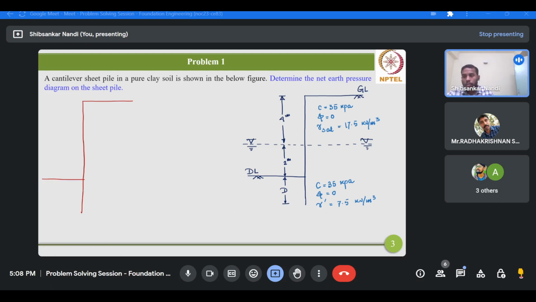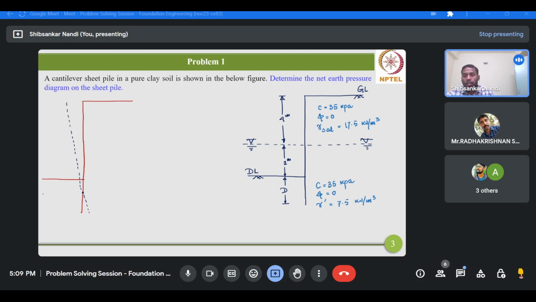This is the dredge level, and this is, we are assuming, the point of rotation for this wall. Now, after deflection or displacement, the deflected pattern of the wall will look like this.